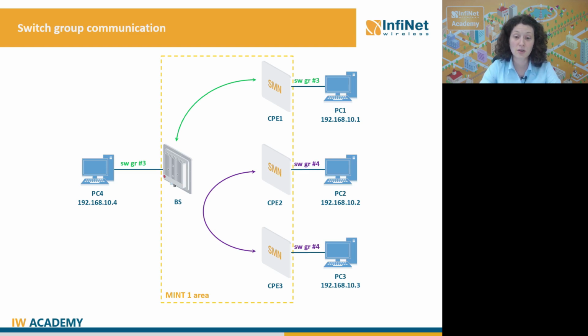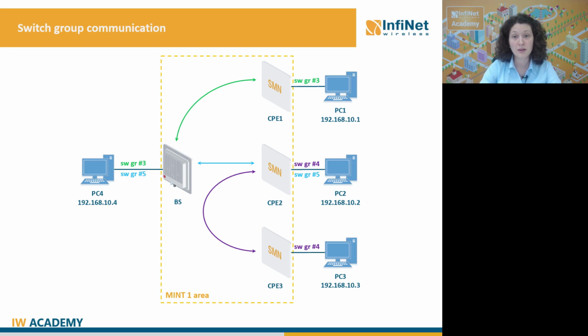Since the communication is possible only between the units having the same switch group ID, let's add the additional switch group 5 on the base station and on CPE2 in order to enable the communication between PC4 and PC2. Let's now see if it's enough to work. We need to know that switch groups are being processed sequentially, starting with the first one in the list.